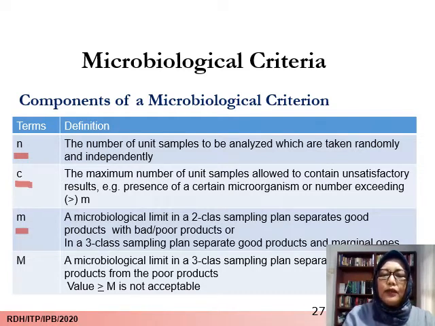Little m is a microbiological limit in a two-class sampling plan that separates good products from poor or bad products. Or in a three-class sampling plan, it separates good products from the marginal ones. Meanwhile, big M is a microbiological limit in a three-class sampling plan that separates marginal product from the poor products. Value equal to or more than big M is not acceptable.